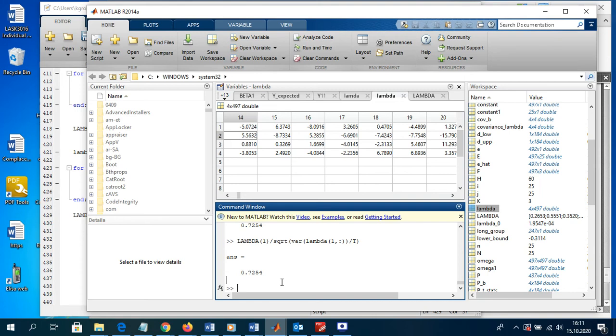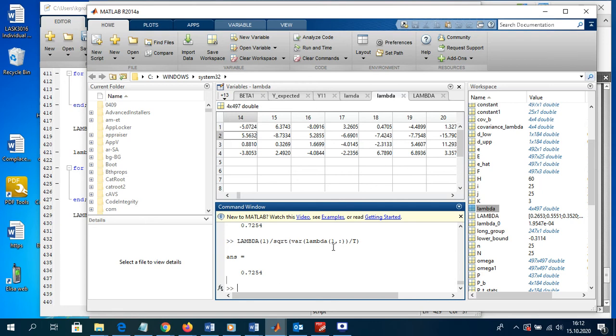So obviously 0.72 is less than our critical value of 1.96, which implies, given we have a 5% significance level, we cannot reject the null hypothesis that our lambda 0 is statistically not different from 0, which means in turn that our Fama-French three-factor model is obviously able to price the cross-section of expected returns correctly.